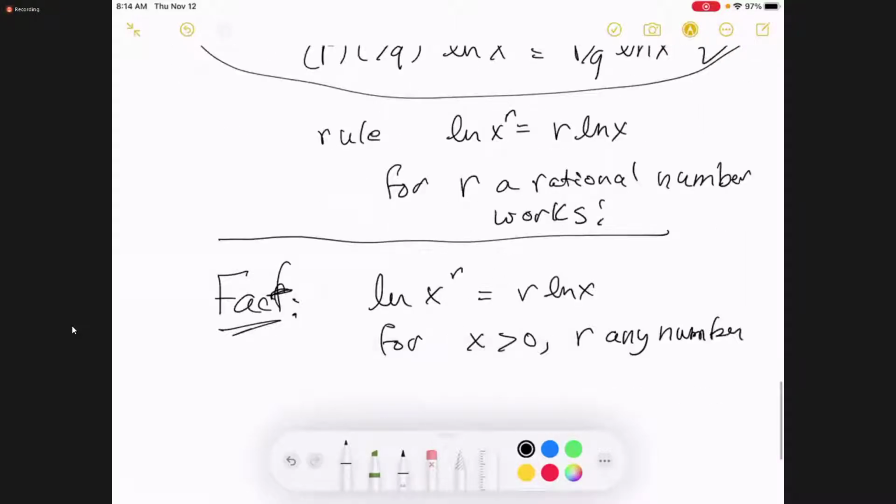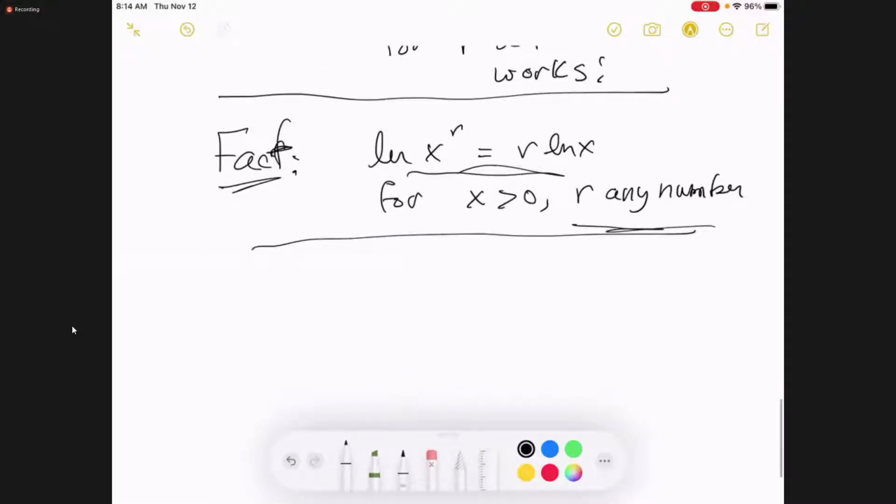But as I told you, making the step from rational to irrational is a little beyond us at this point. You really need to know some more mathematics before you can understand a proof of that. But we're just going to accept that. And we proved it for a lot of numbers.